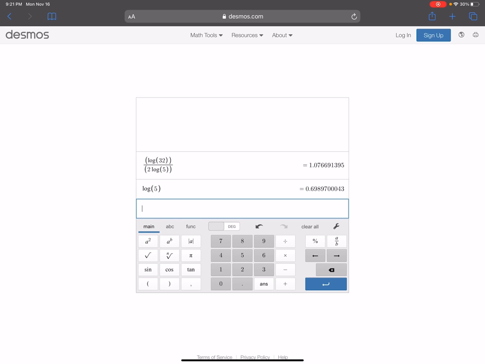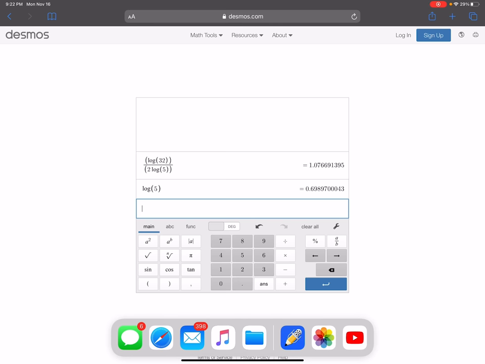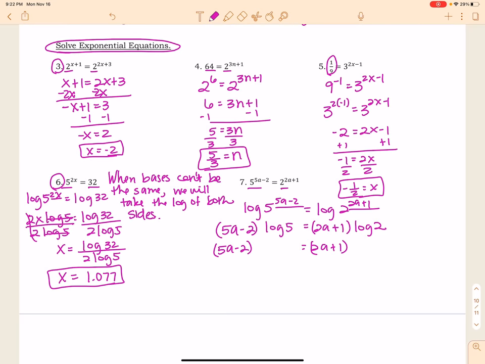Okay, it's obviously a hideous fraction or decimal. So we're going to tidy it up. If you'll notice, it's 0.698. So we're going to round that just to 0.7, since it's kind of hard to round it just to 2 decimal places.